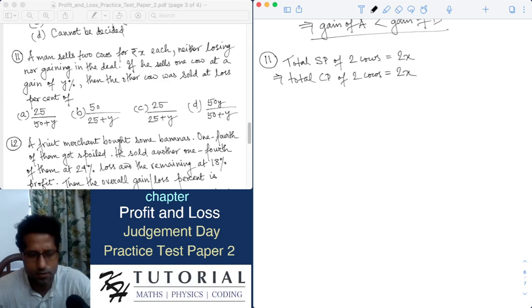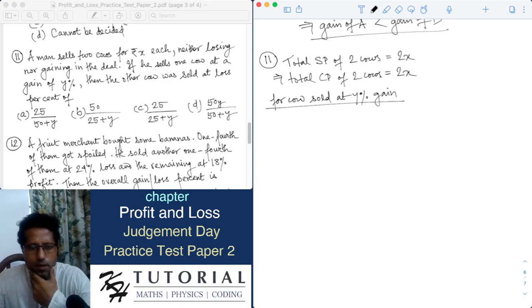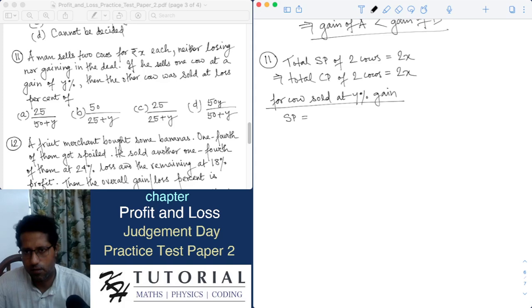For the cow which he is selling at a gain of y percent, we know that the selling price is X. If there is a gain of y percent, definitely the SP should be 100 plus y percent of the cost price.